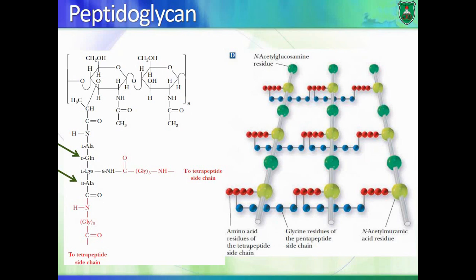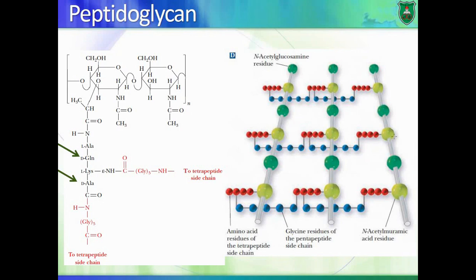The last glycine interacts with the last amino acid, which is alanine, in the adjacent chain. Then number 3 again is connected to glycine number 1, then 1, 2, 3, 4, 5. Number 5 is connected to number 4, the alanine, connected to muramic acid.